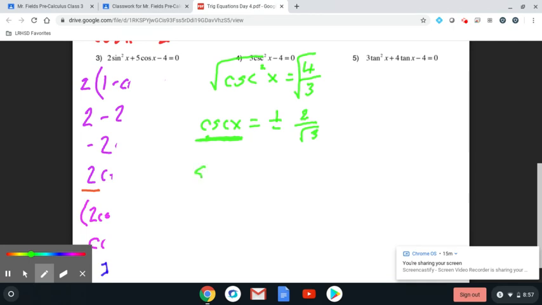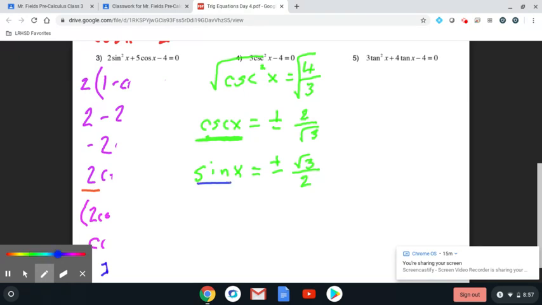So we can just flip cosecant and make that into sine of x. But if you flip that, that just means that you're going to have to flip the right-hand side too. So instead of 2 over root 3, we end up with root 3 over 2, which actually helps us out because now at this point, you guys are aware, this is something that you know how to solve.